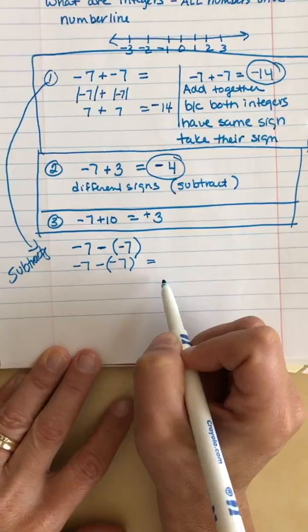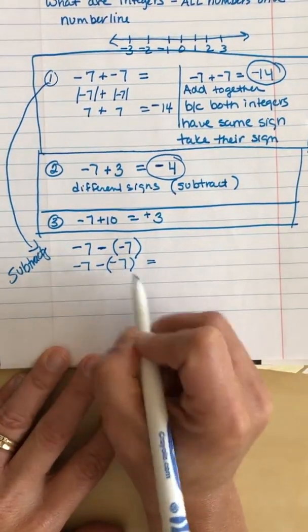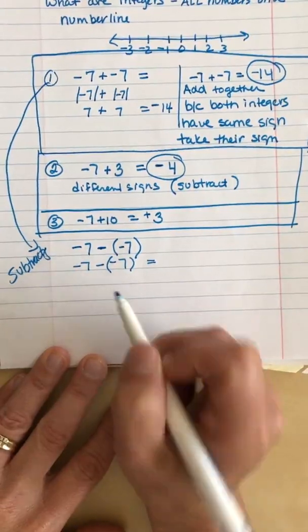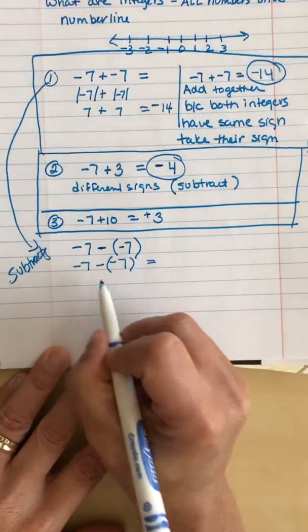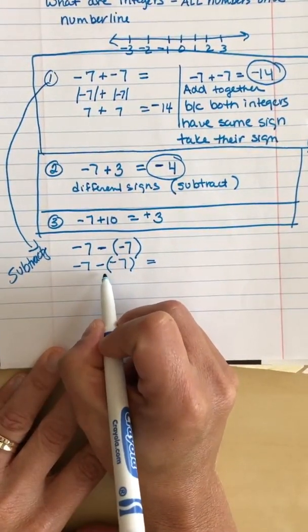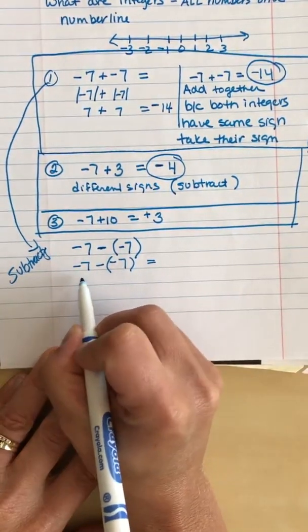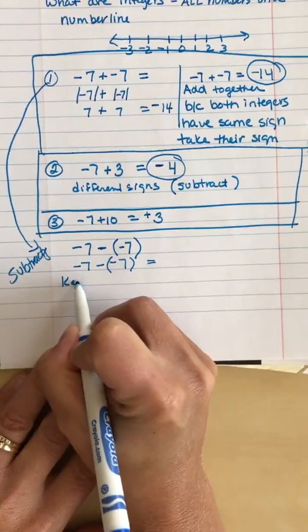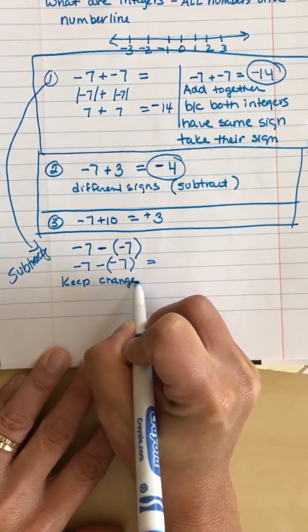The easiest way to do this is to keep, change, change. So what I like to do is change all of my subtraction problems to addition problems. But you can't just arbitrarily change this sign to addition. You actually need to change this sign as well. So I'm going to keep, change, change.